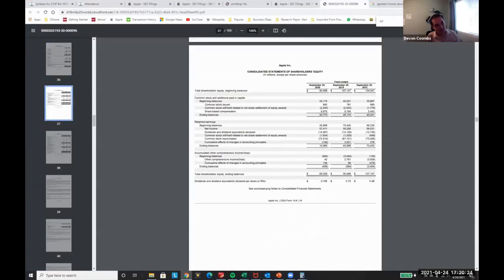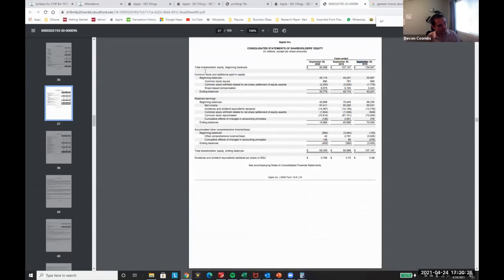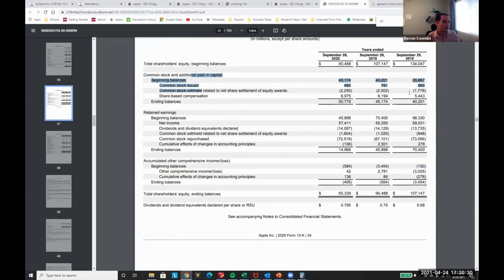It showed all the way back to 2018. You can see for Apple how the common stock balances grew and changed. We had a beginning balance of $35,000 of stock. We issued $669 of stock. We settled equity rewards.